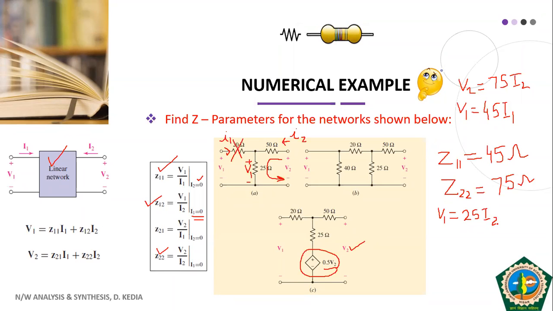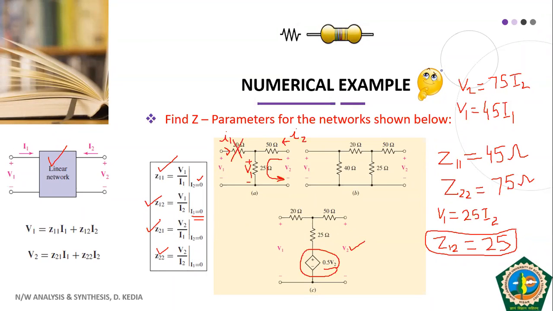So V1 is equal to 25 I2. And what we want is Z12, which is nothing but V1 upon I2. So Z12 is equal to 25. Straightforward and very simple also. This is how we obtain Z12.